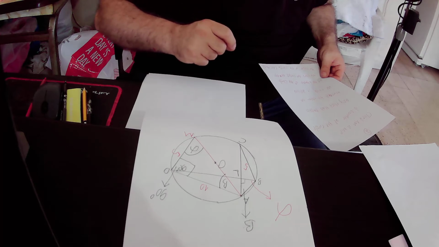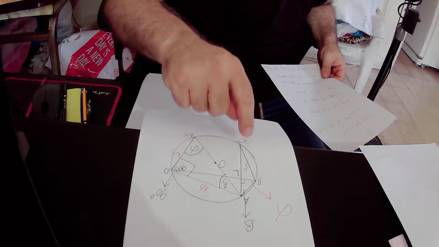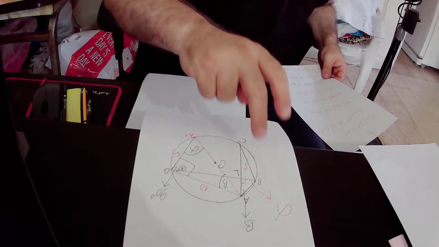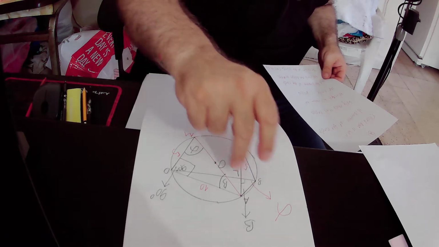Therefore, AM is the diameter of this circle.